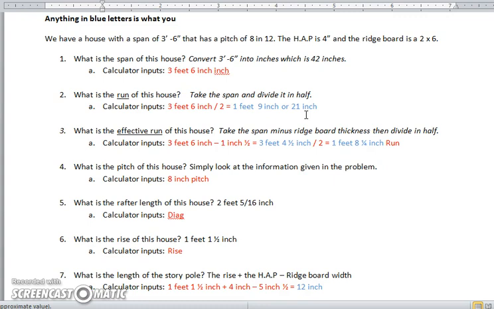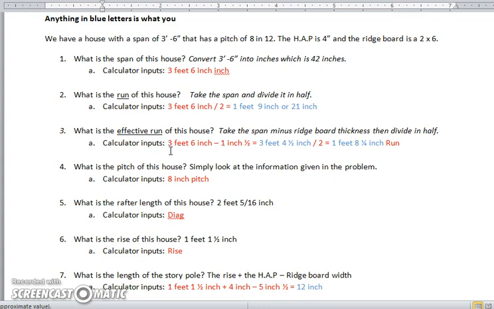So either one would be correct. Number 3, what is the effective run of this house? In order to figure out the effective run, the directions are given to you here. Take the span minus the ridge board thickness, then divide that in half. So your calculator input for that would be 3 feet 6 inch minus 1 inch 1 over 2 equals, and it's going to give you 3 feet 4 1/2 inches.